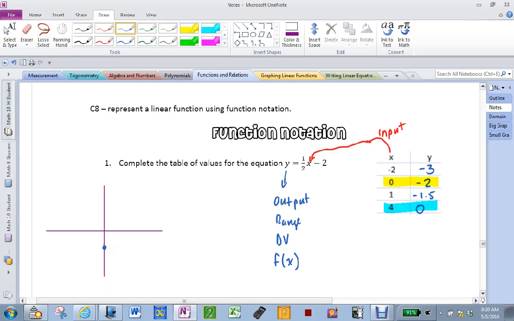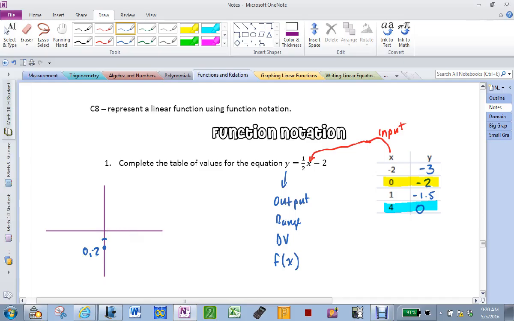Pardon? You could scale it like this, right? Or you could label the point. Either way, I don't care. And where's the other one go? 4, 0. Where's that?